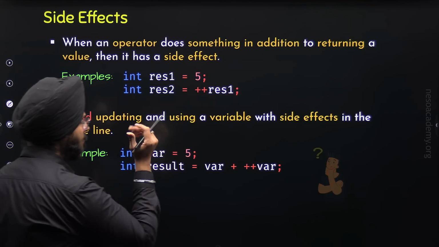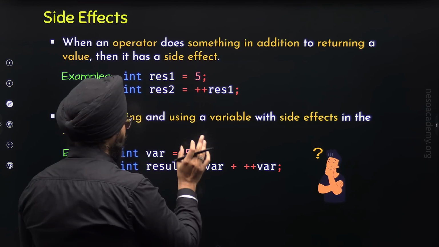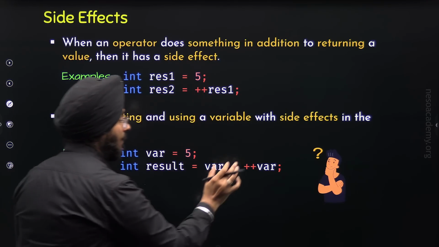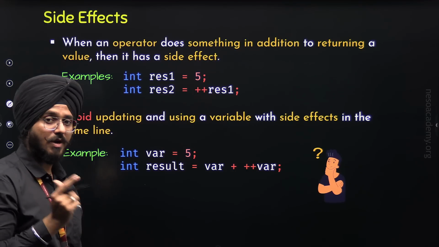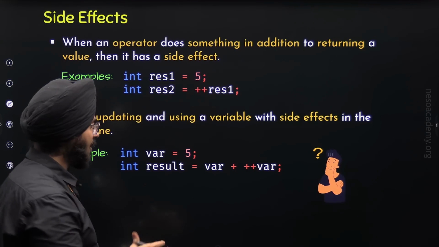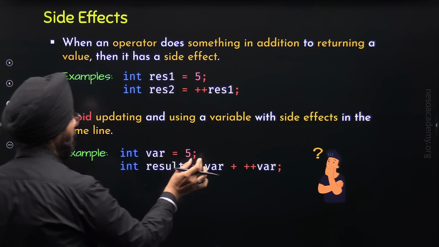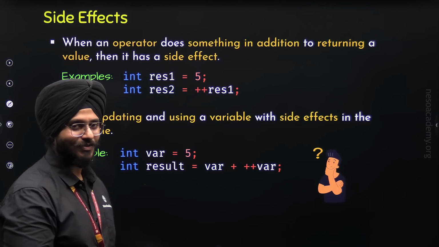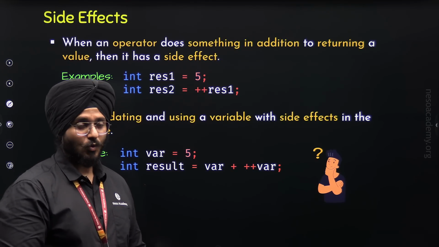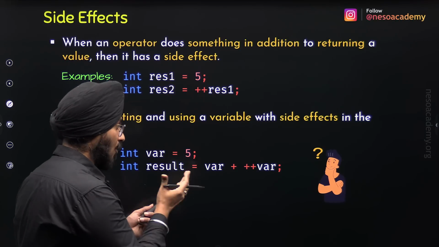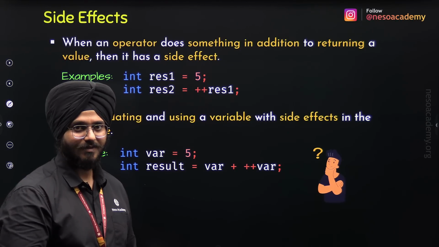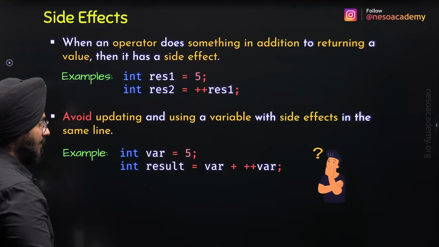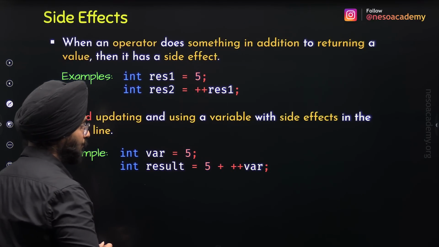What kind of problems we will get from here? We do not know whether var will be evaluated first or ++var will be evaluated first. This means we do not know whether this variable var will receive the old value or the updated value. So in this case, we have problems. If, let's say, var will be evaluated first, then we will get 5.